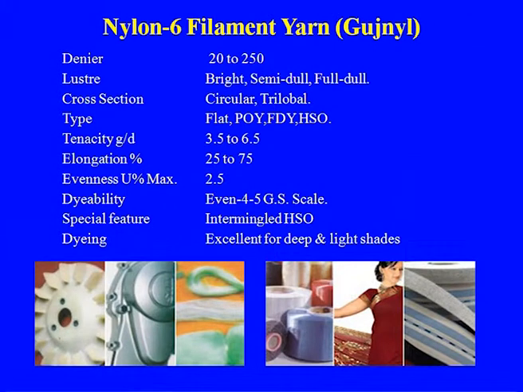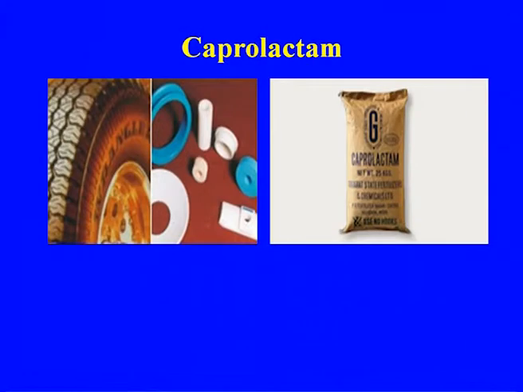These are some of the products, nylon 6 filament yarn and its applications, and this is the required denier that I discussed while introducing the polymer elastomer: denier and tenacity are very important measurements of the yarn. Another application is that one of the major users is the tire cord industry, and these are the other products that you get.